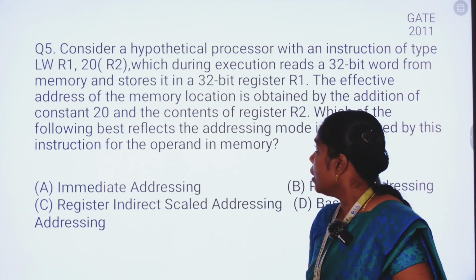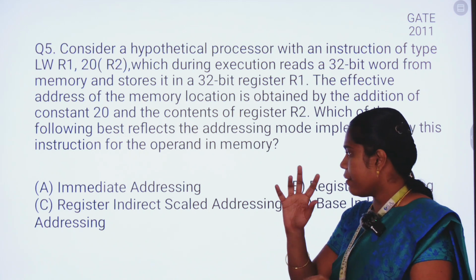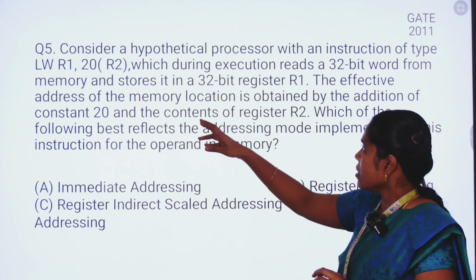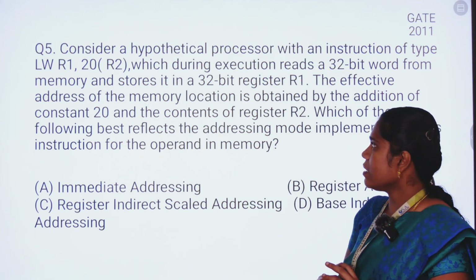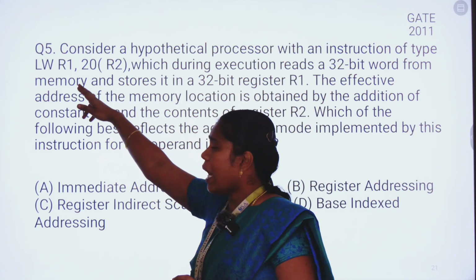Next question: we are given a hypothetical processor and some instructions. You have to find out what type of addressing mode can be used to solve this problem. Consider a hypothetical processor with an instruction of the type load, with registers R1 and R2.